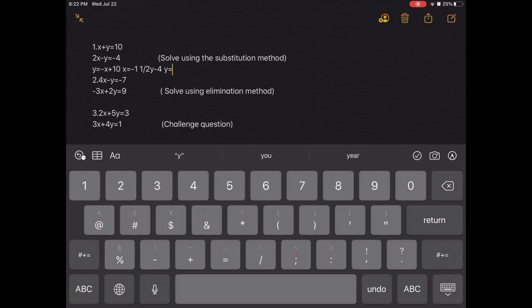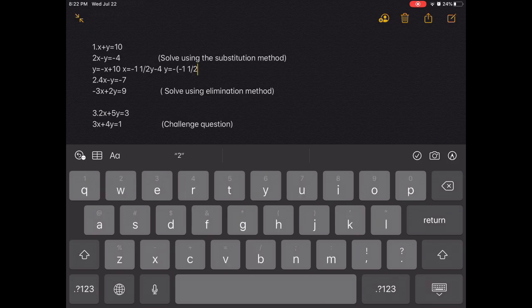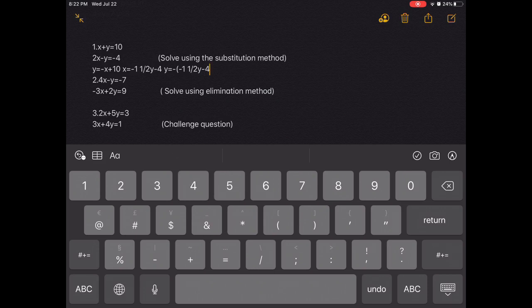You have to substitute the x into the y equals equation. So it's negative, and then in parentheses negative 1.5y minus 4, like I said.